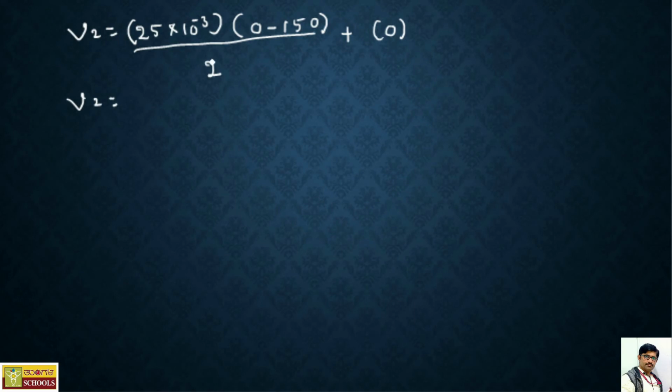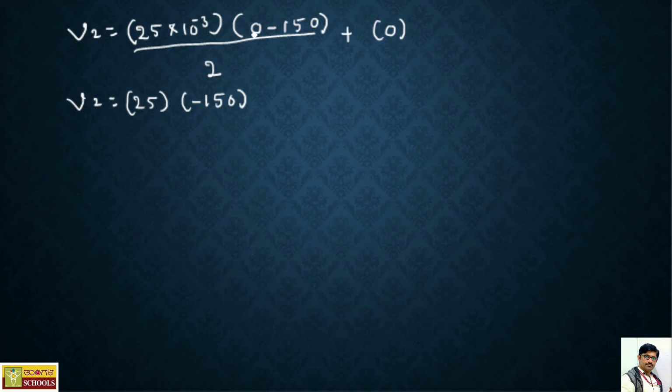By that I can write it like this. So 25, you just take it as a numeric, and 0 minus 150 means minus 150 only. So don't get confused. If you are in a rush, the whole term becomes 0, and that has no meaning whatsoever.